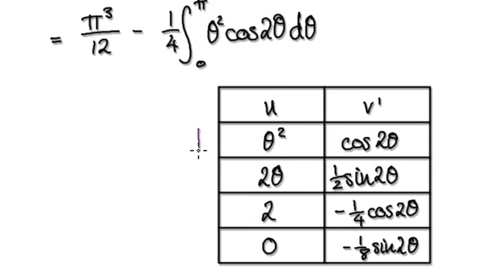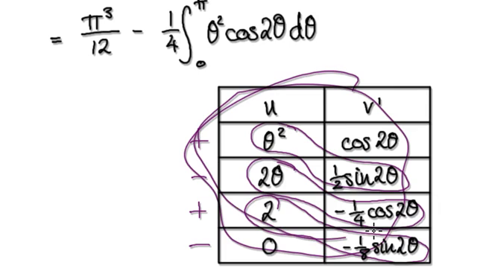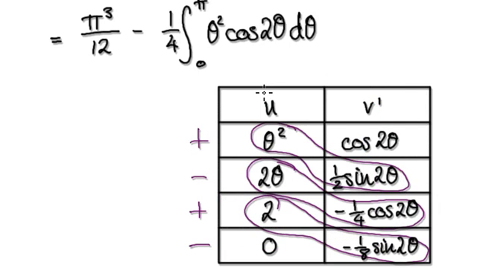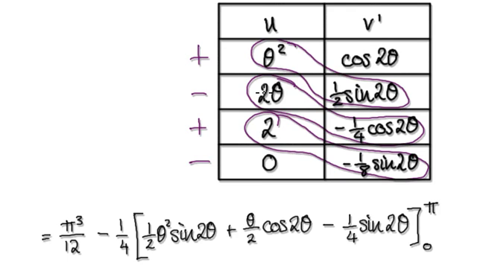We've done this in the past, so maybe you might track back to one of the earlier videos. The answer will be positive this thing, and then take away this thing, and then plus this thing here. If you can't follow this, then use integration by parts. It would be longer. But if you can create this table, then it will give you this.